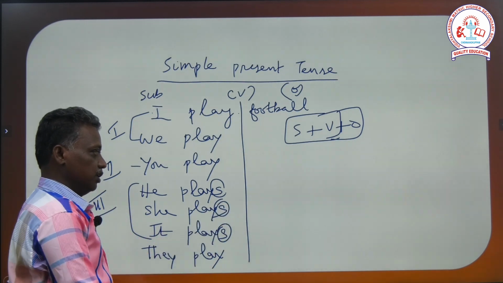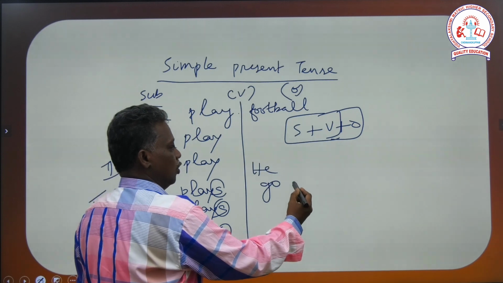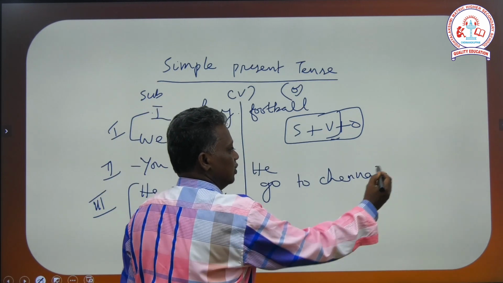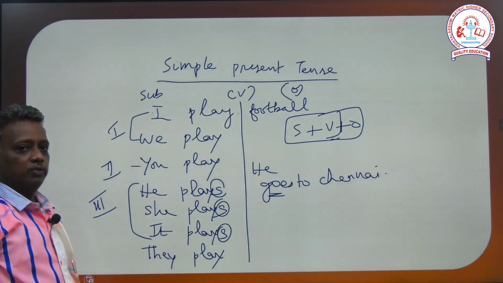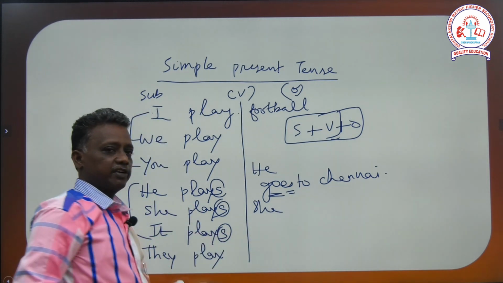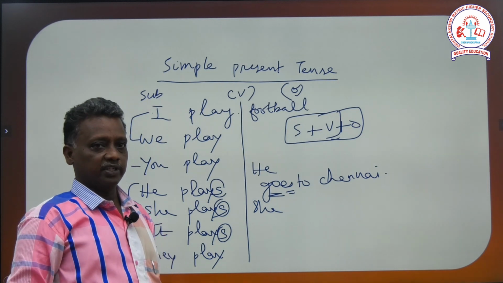Here we are adding s. For example, the verb go. He go to Chennai. Is it right? No. We have to put es. He goes to Chennai. So like that, when he, she, it comes, in the verb we have to add s or es. That is the rule in the simple present tense.